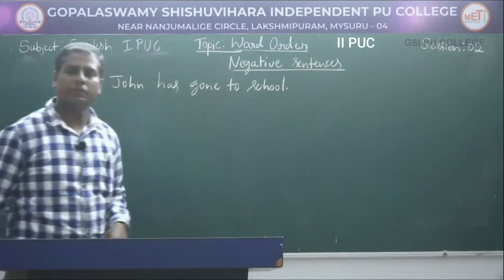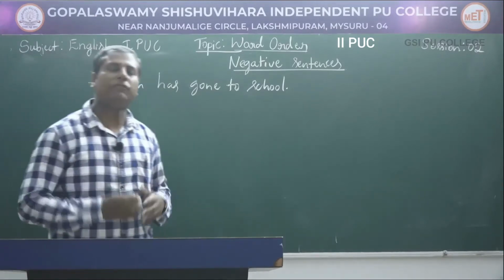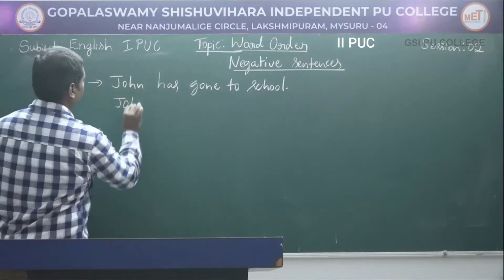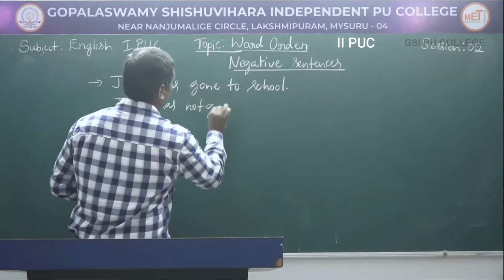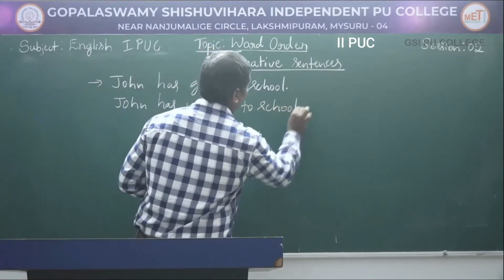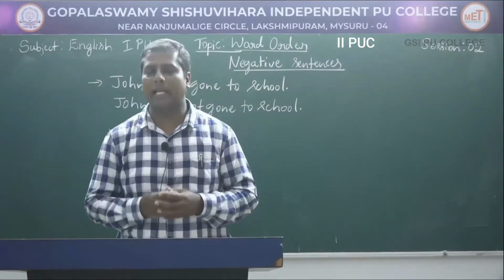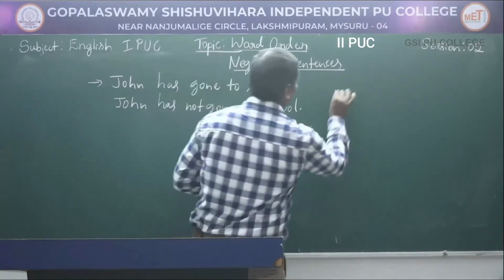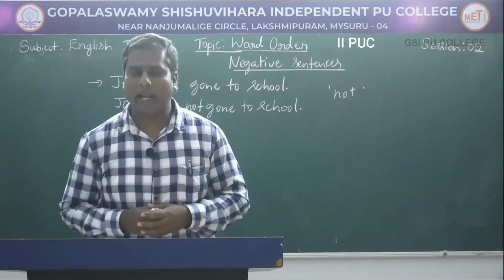So this is a positive sentence. So the negative form of this sentence is John has not gone to school. The difference is that the negative sentence must contain the word not, and it should be the part of verb phrase.